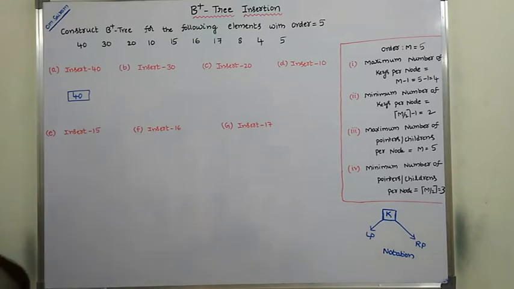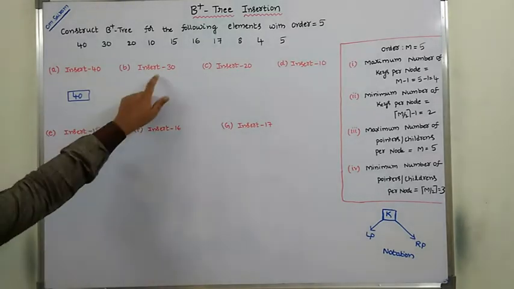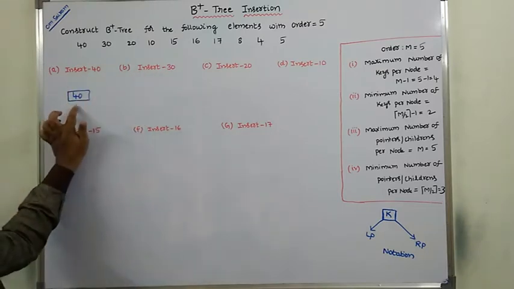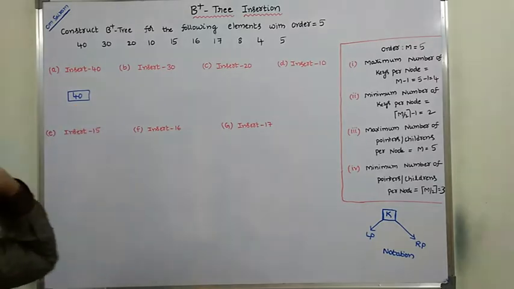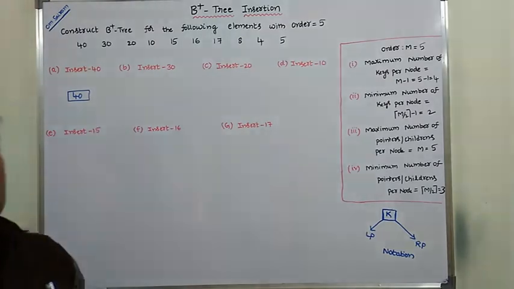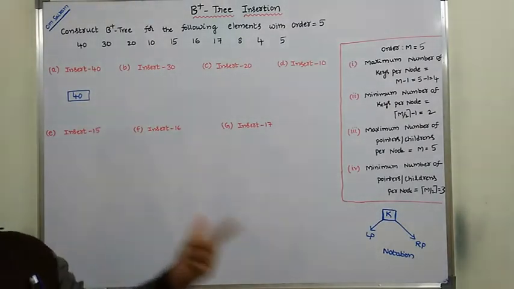Okay, next insert 30. Can element 30 be inserted into the same node or not? Because the maximum number of key elements per node is equal to 4, that means in a single node we can insert 4 key elements.